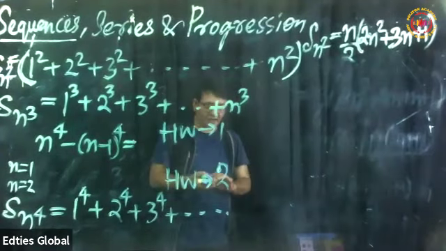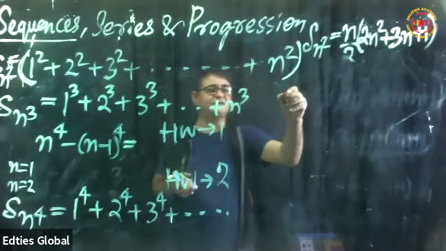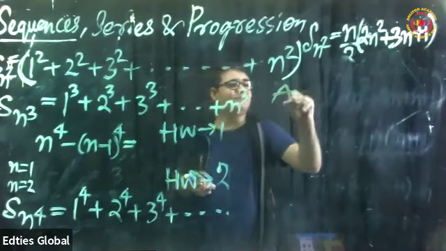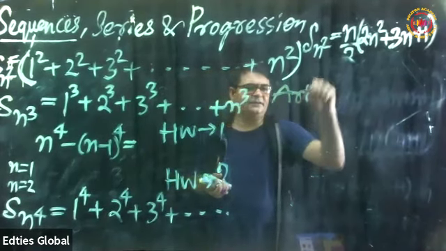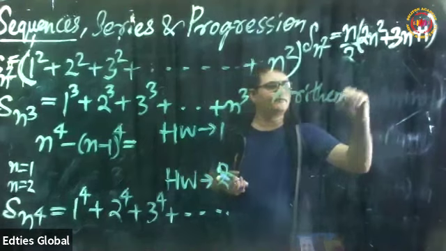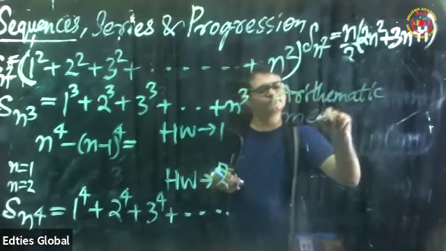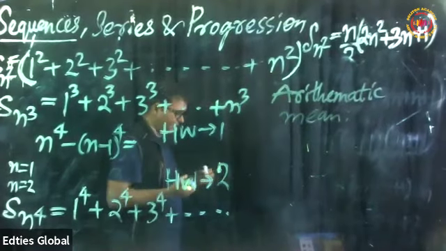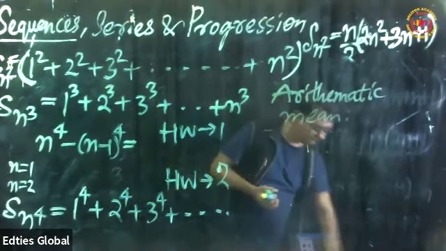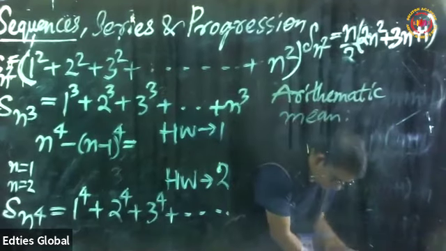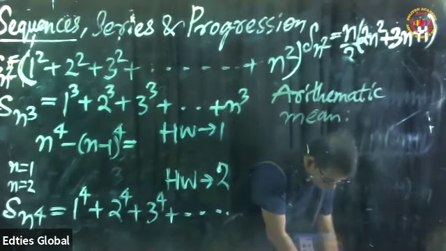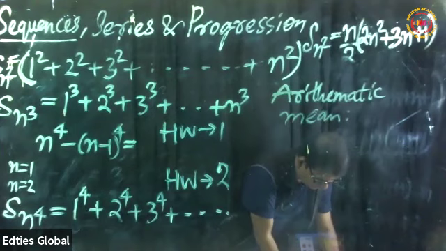But let's look at few things. So for example, there is something called arithmetic mean. Do you know what is arithmetic mean? Yes, sir. Tell me.